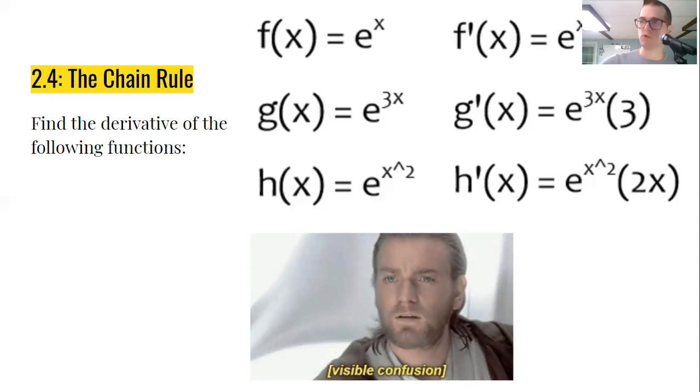Based on our rules, I know that the derivative of e to the x is e to the x. I know that for a fact. But in order to get the correct derivative for G and H, there's an extra 3 that the whole thing's multiplied by, and there's an extra 2x that the whole thing's multiplied by.